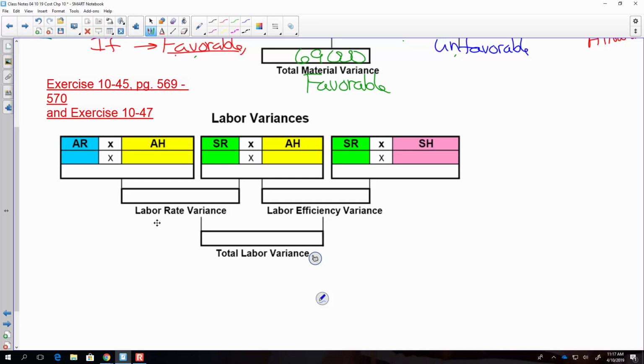What's our actual hourly rate? $12.50. Actual hours, 78,200. 78.2. And actually, there's 2 yellow boxes, right? So I can actually put that number in twice.